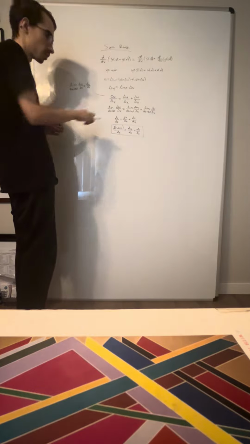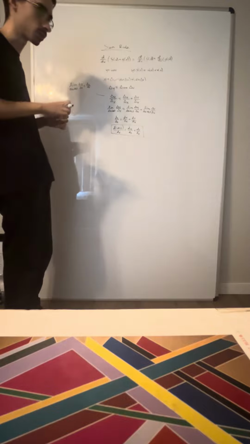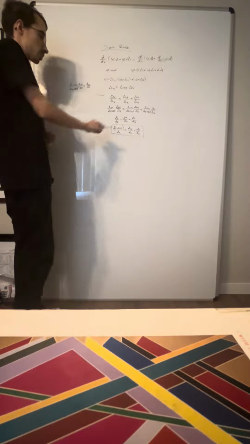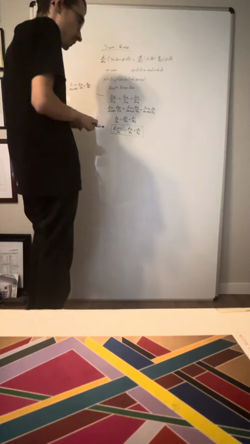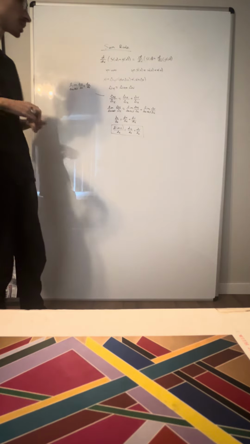It'll be the derivative of some f of x with multiple different pieces involved. But fortunately, we're able to split each piece up, which makes it easier for us.